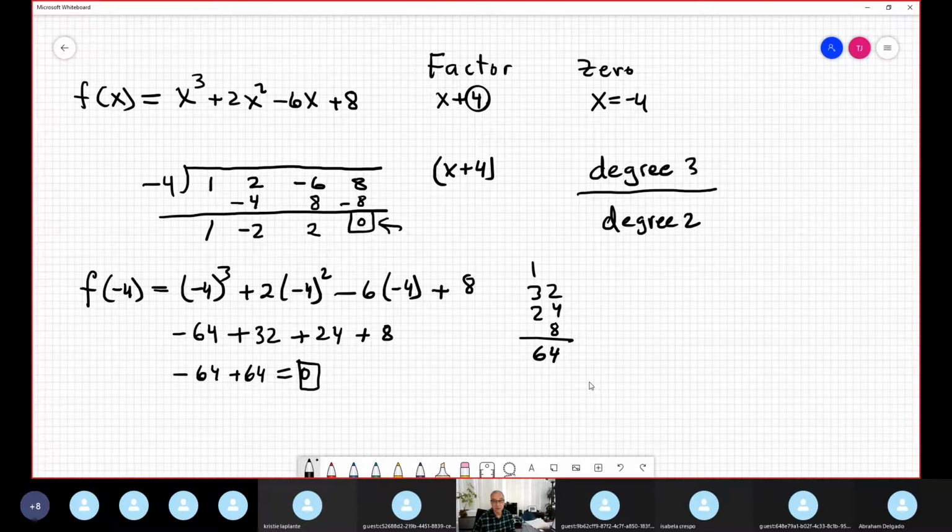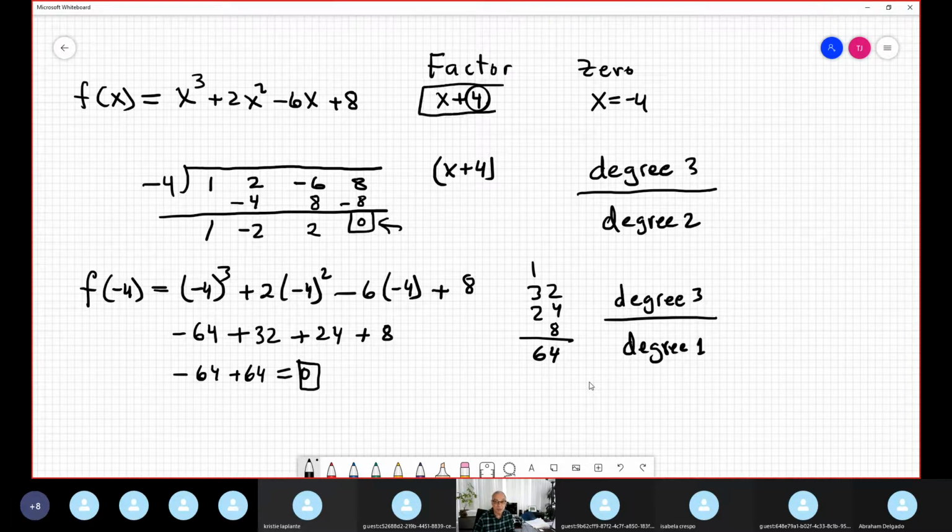But in this case it's special, because you are doing degree 3 divided by degree 1. The degree of this factor is 1, it's a linear factor.